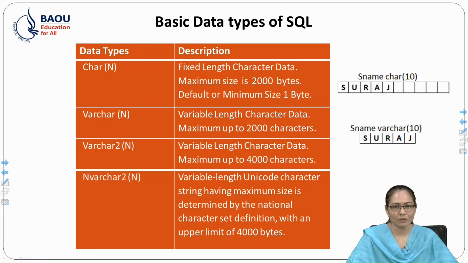Now VARCHAR2(n): VARCHAR2 is a variable length character data, maximum up to 4000 characters. NVARCHAR2(n) is a variable length Unicode character string having the maximum size determined by the national character set definition, with an upper limit of 4000 bytes.